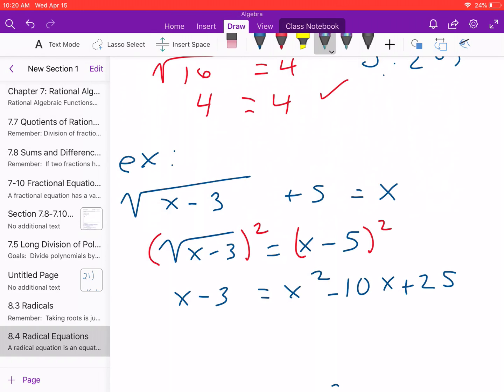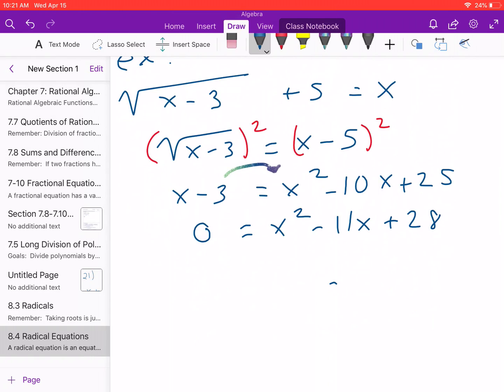We then are going to combine like terms, and we're going to do that by taking everything on the left side of the equation and moving it to the right. And when I do that, I'm left with x squared minus 11x plus 28. So then, good thing I've refreshed my factoring skills.